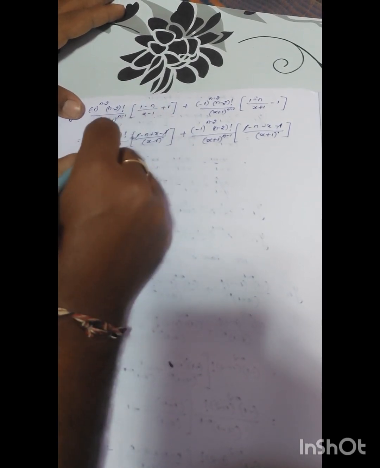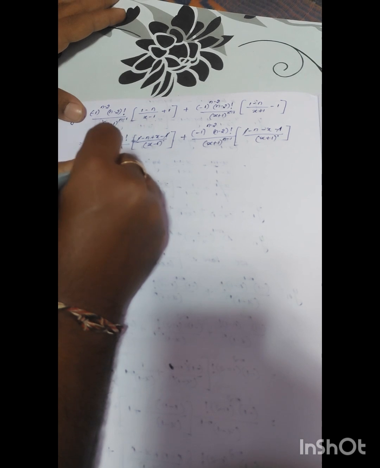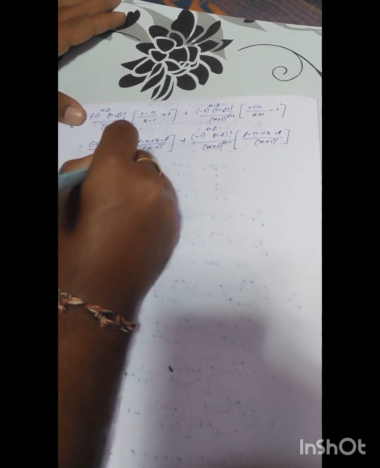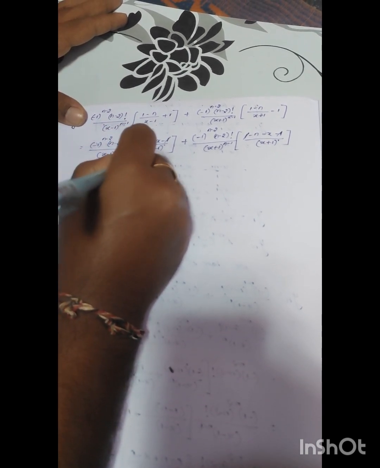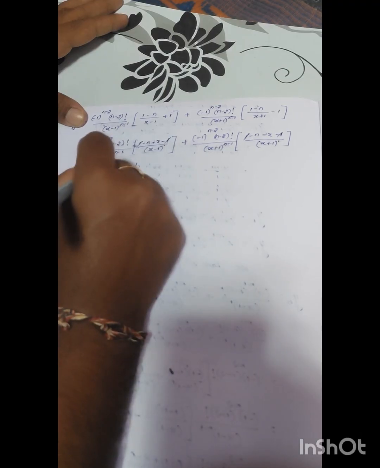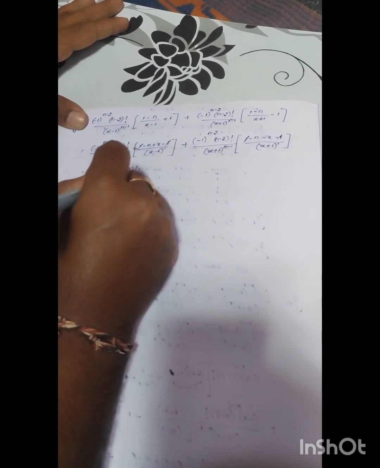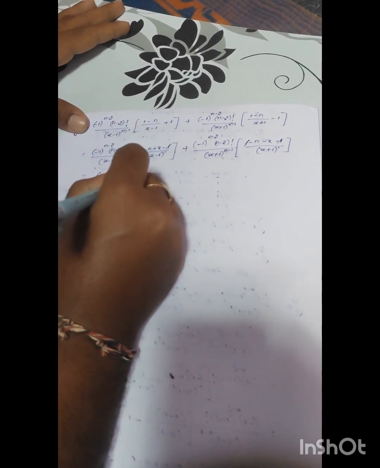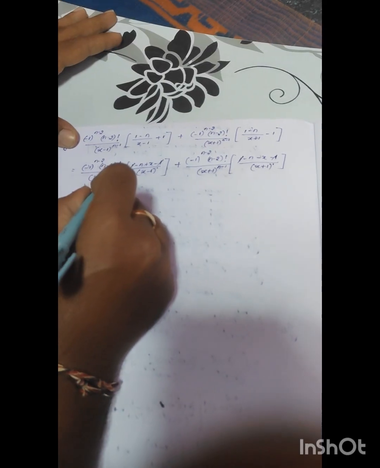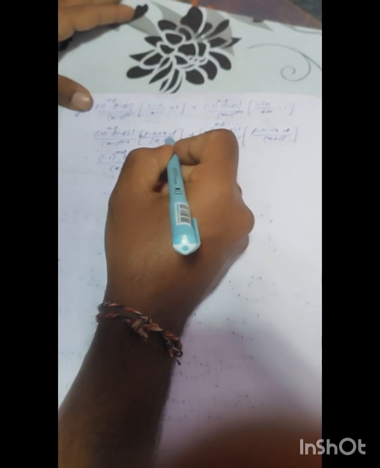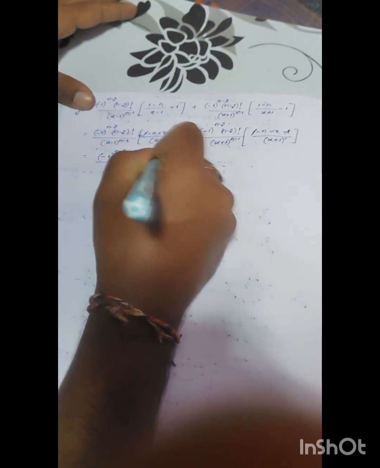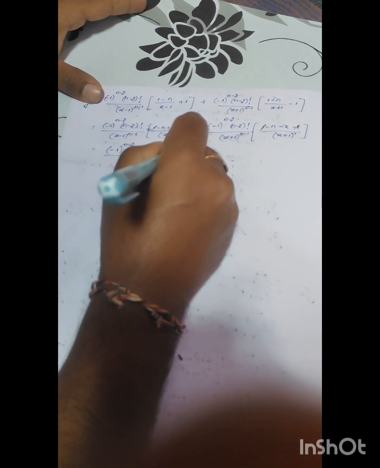So here what happens, this will be (minus 1) raised to n minus 2 into n minus 2 factorial divided by (x minus 1) raised to n minus 1 plus 1, this will become n, and this numerator will become x minus n.